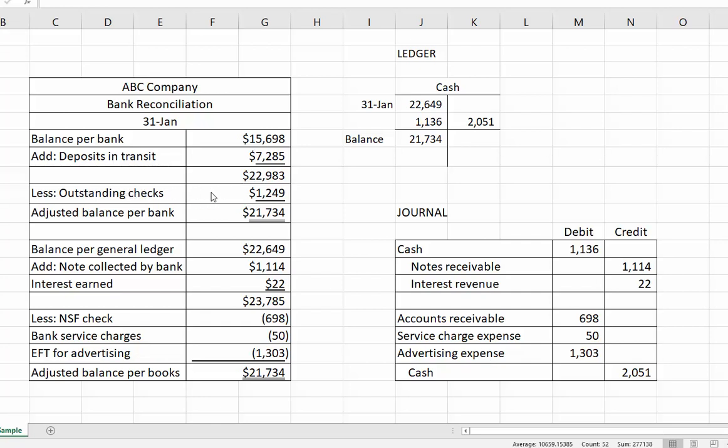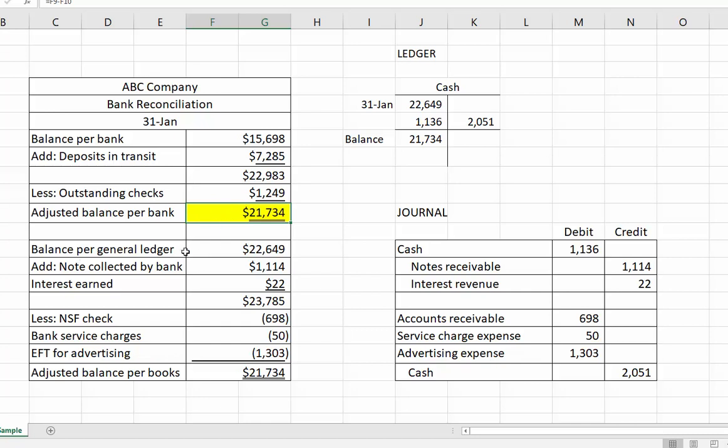This company wrote checks, mailed them out to people or sent them, but they have not been cashed yet. Okay? So we took them out of our ledger, but they have not cleared the bank yet. All right? So we need to take them out because the bank doesn't know about those checks yet. All right, that brings us down to our adjusted cash balance, okay? Our adjusted balance per bank.